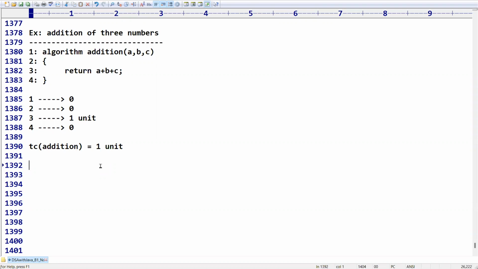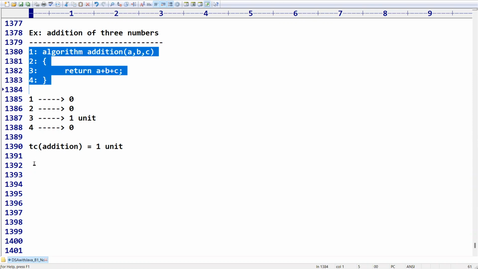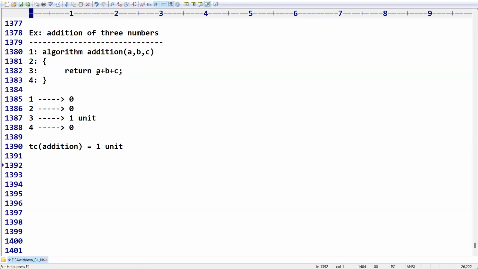Okay. So if you get any constant values, you can ignore them. I just said this rule in space complexity also: whenever you get space in terms of constant values, you can ignore it because those are negligible. So the time complexity for this algorithm is nothing but 1 unit of time to execute this instruction.